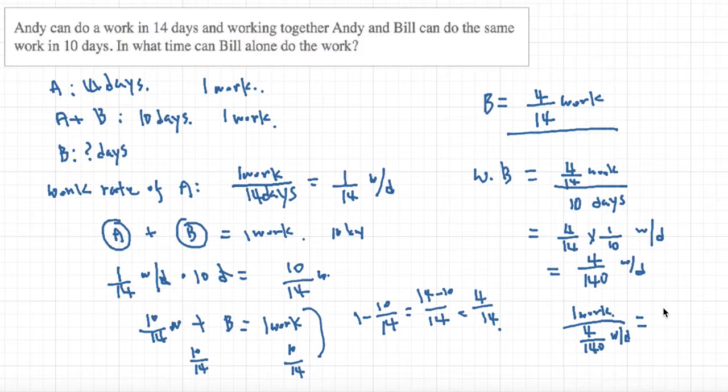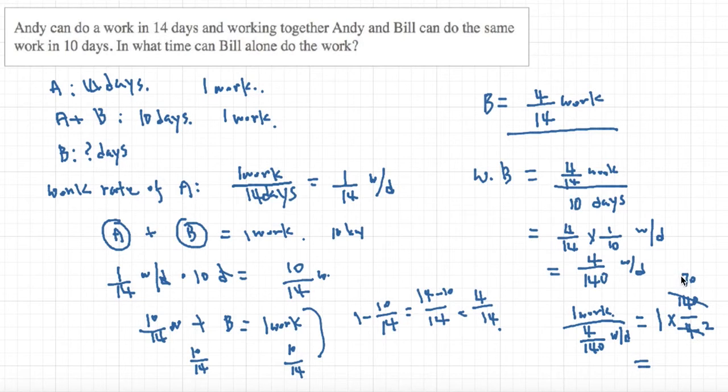So 1 work times 140 over 4. That's the number. If we simplify these numbers, dividing both by 2, we get 70 over 2.